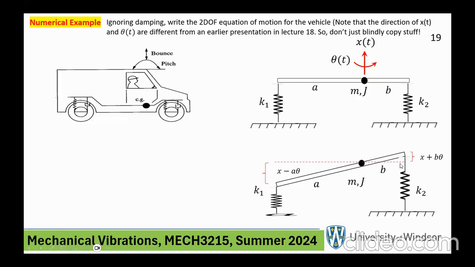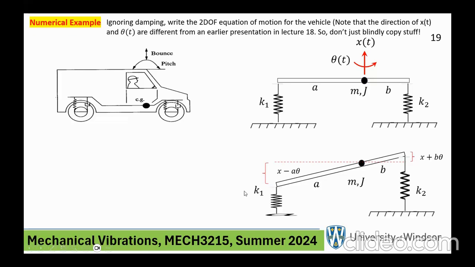B times theta will give you this much, but the whole thing goes up by x, so x plus b theta. The other one is x minus a theta, because I'm assuming that this thing turns counterclockwise, therefore this end goes down, and therefore the amount of stretching is just x minus a theta.